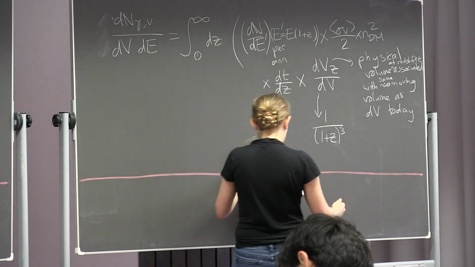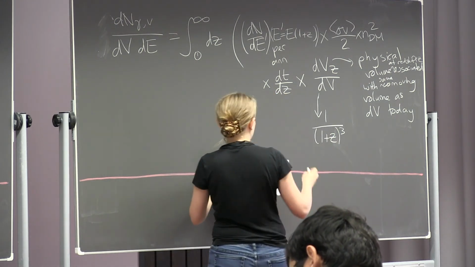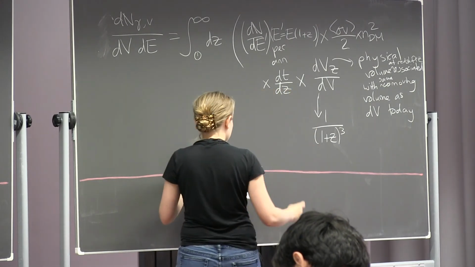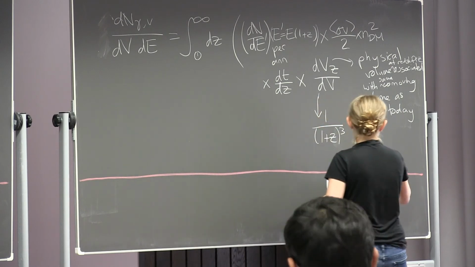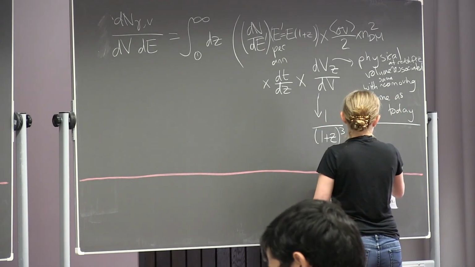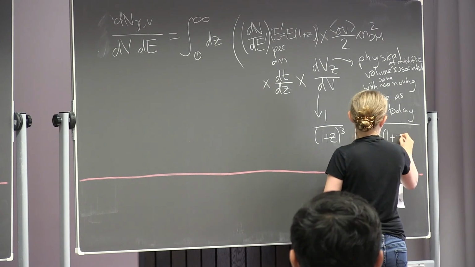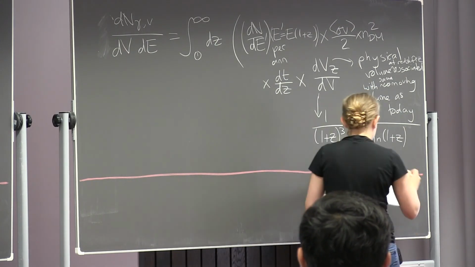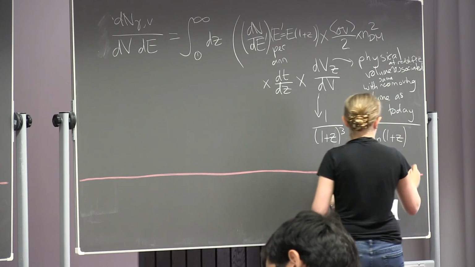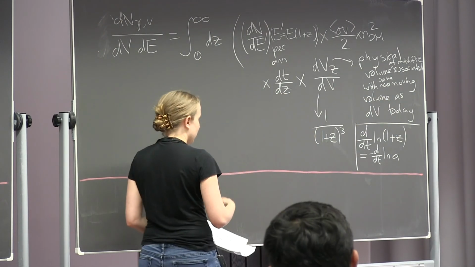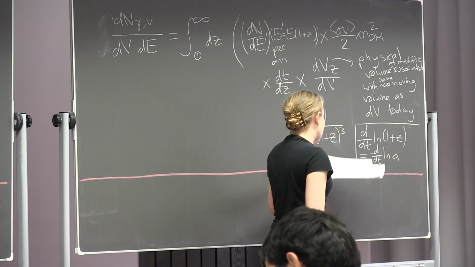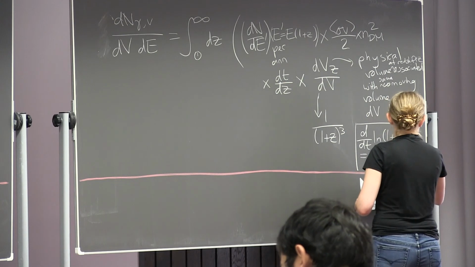dt by dz, well, we can work out what this is. You can show just from the definition of the Hubble constant that if we look at, say, d by dt of log of 1 plus z, that's minus d by dt of log a, since a is just proportional to 1 over 1 plus z. So this is minus a dot over a.